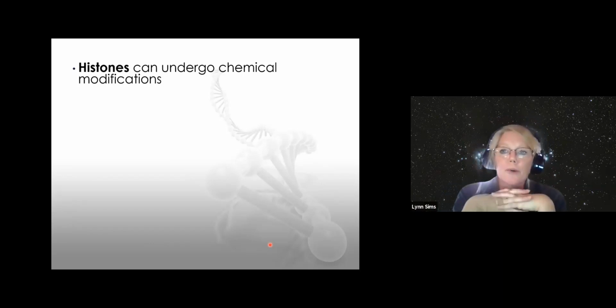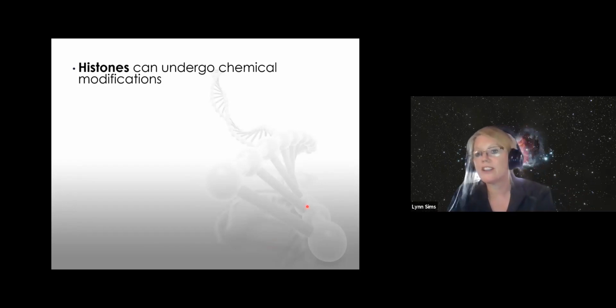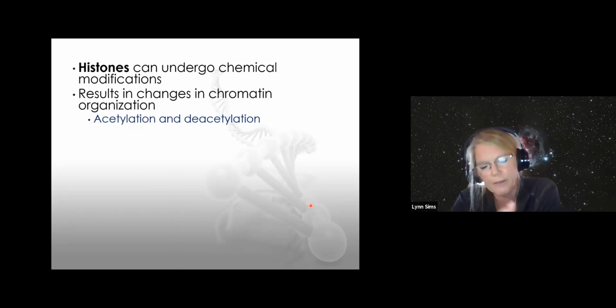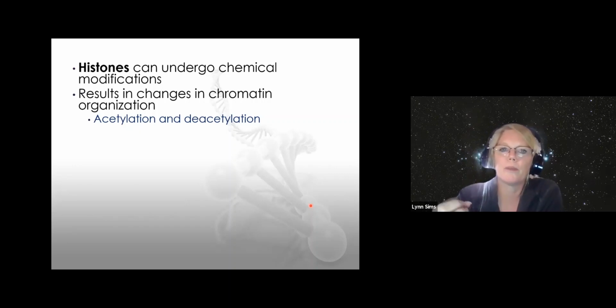They can undergo chemical changes, where a functional group is either added or taken off. This is called acetylation, it's an acetyl group, or deacetylation. This results in the reorganization of chromatin, so that there are regions which will be more tightly packed versus other regions.